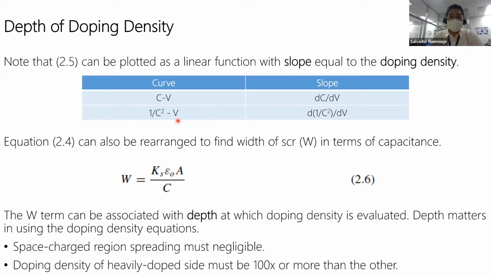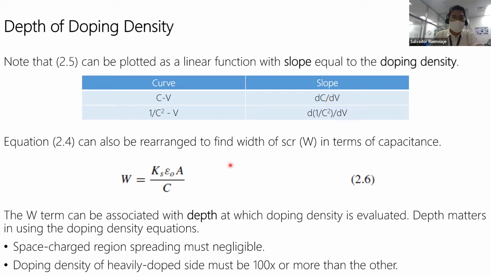For the 1 over C squared V curve, it's d of 1 over C squared over dV. The slope is related to the doping density. So these are the important equations, and from here we can measure doping density from experimental data, from the capacitance voltage data.